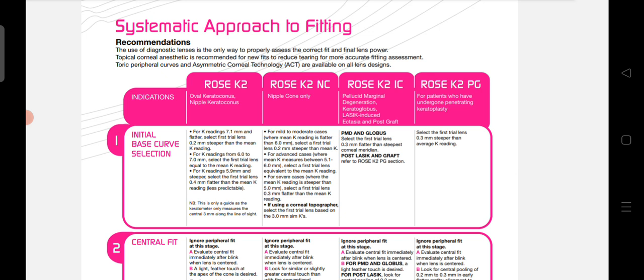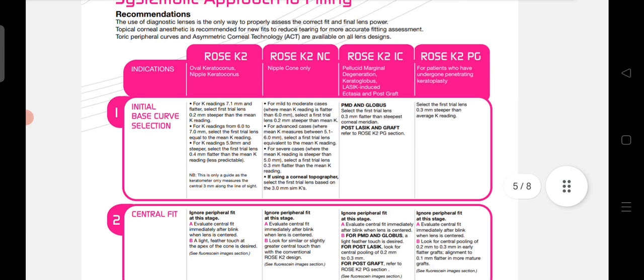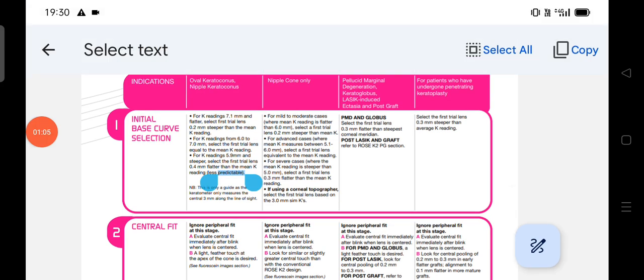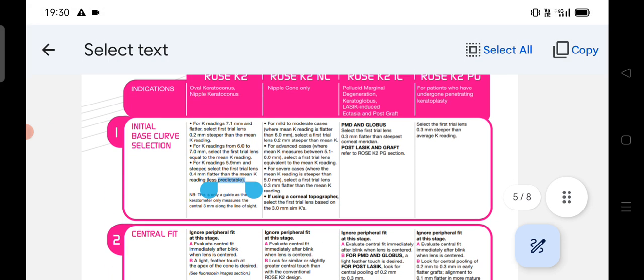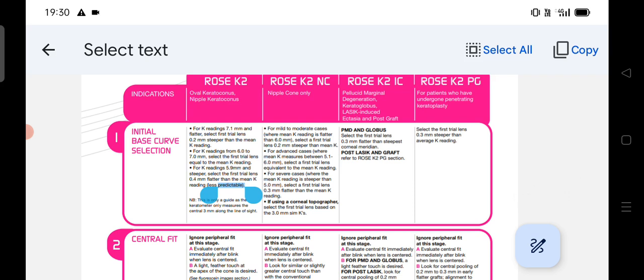For normal keratoconus, oval keratoconus or nipple keratoconus with a Rose K2 contact lens, how do you select the base curve? First find out the K readings. You can do a keratometry reading.